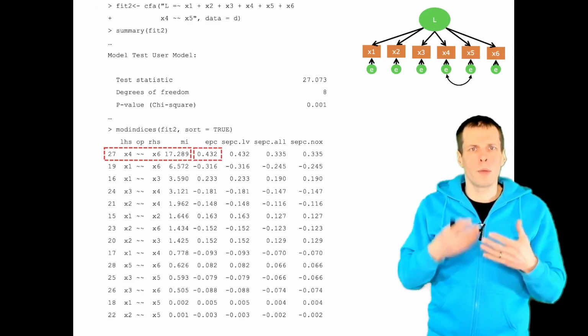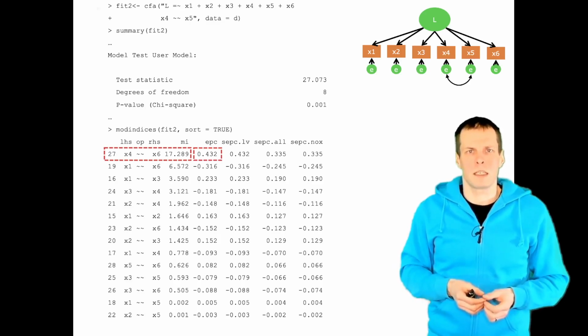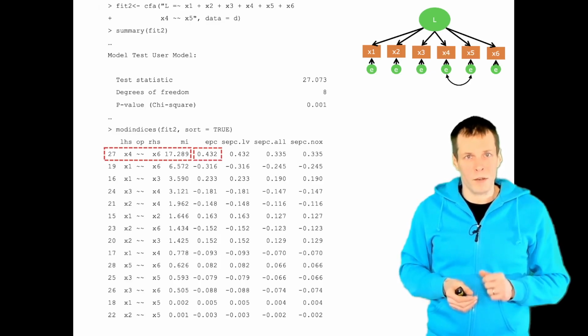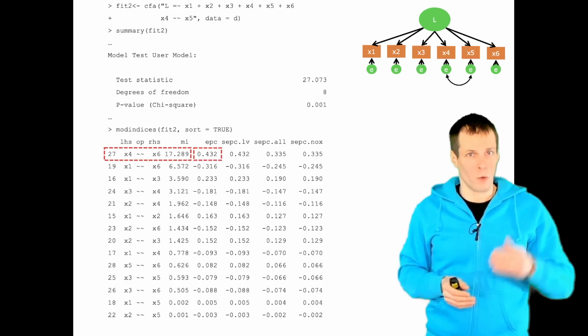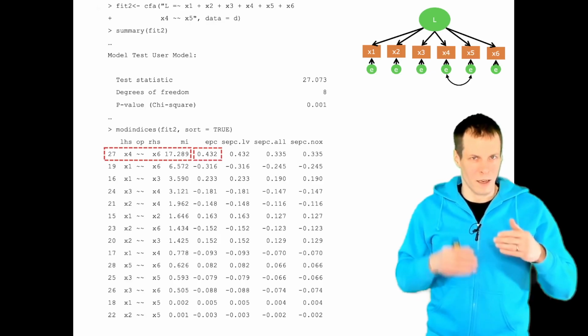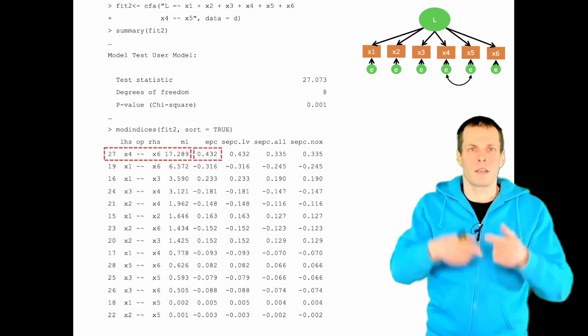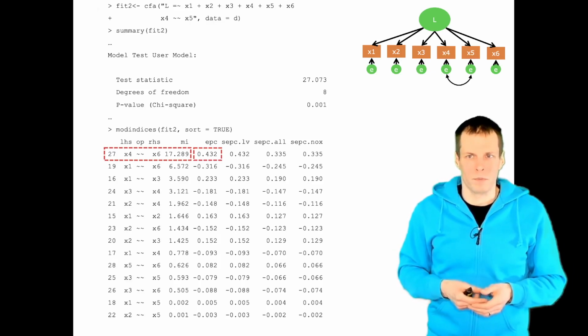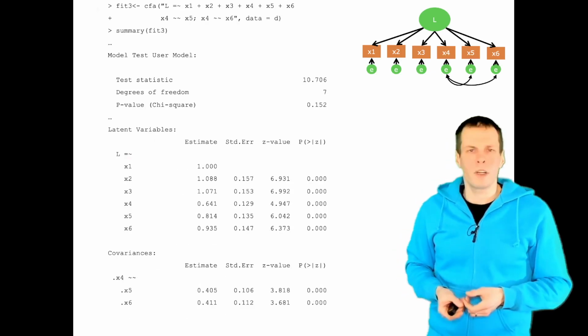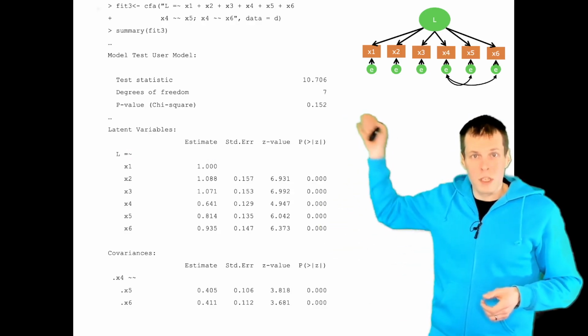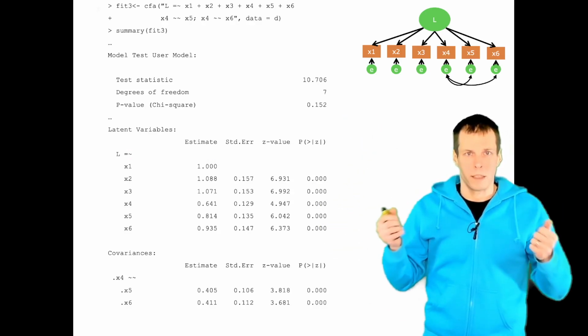So in practice, how people use modification indices is that you free one parameter, then you re-estimate, you check what is the next parameter to free, then you free that and re-estimate. And you kind of iterate, and that is supposed to give you a better model. Okay, so we do that, we free it, we have a non-significant chi-square. So sweet.